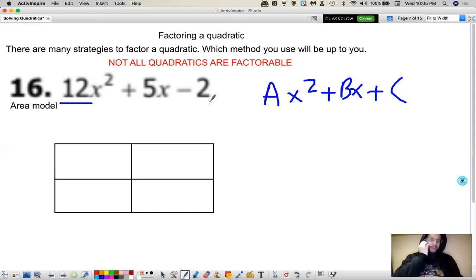Okay. So what we do is we put our first term, that's in standard form, so it's descending order, so it's the term with x squared on it, in the first box. Then we put our last term in our last box. And then we got to figure out what goes in these two boxes.